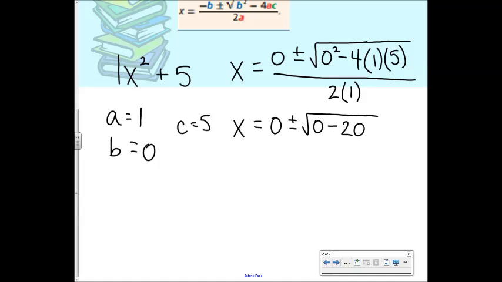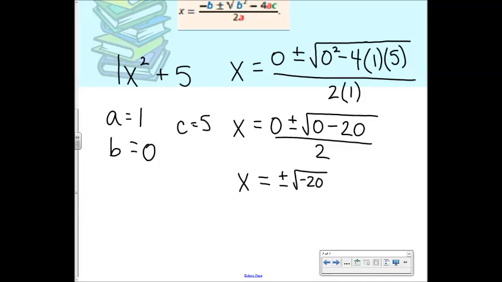And then what's 2 times 1? 2. Okay. So then x equals, do I need this 0 here? No, I don't. So it's just plus or minus, what's 0 minus 20? Negative 20 over 2.